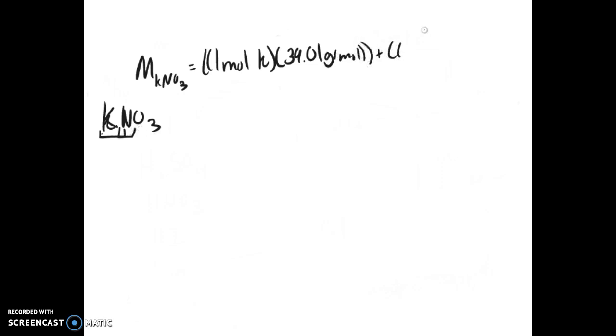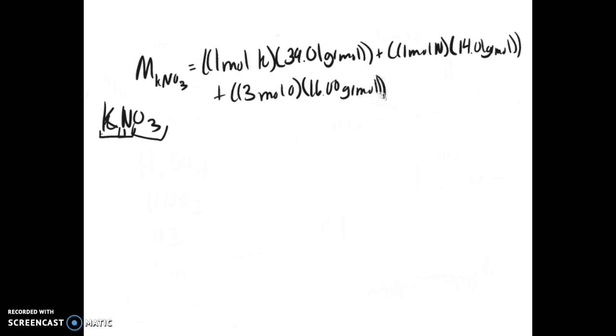You have 1 mole of potassium times its molar mass in the periodic table, plus, as you can see, 1 mole of nitrogen times its atomic mass in the periodic table, plus 3 moles of oxygen times its molar mass in the periodic table, which equals the molar mass of the entire compound.